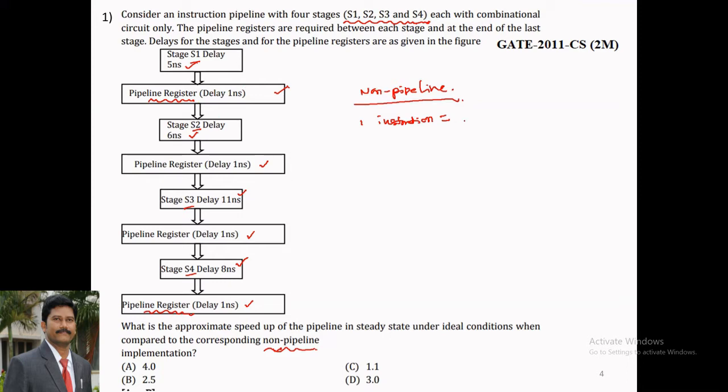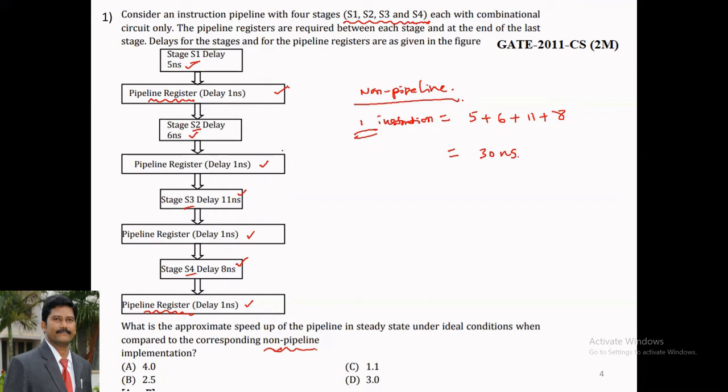So the time is S1 5 nanoseconds plus S2 6 plus S3 11 plus S4 8, that is 6 plus 5 is 11, 11 plus 11 is 22, 22 plus 8 is 30 nanoseconds.